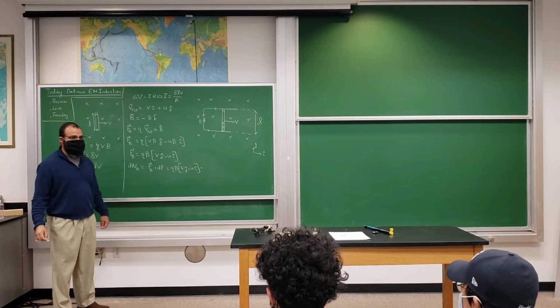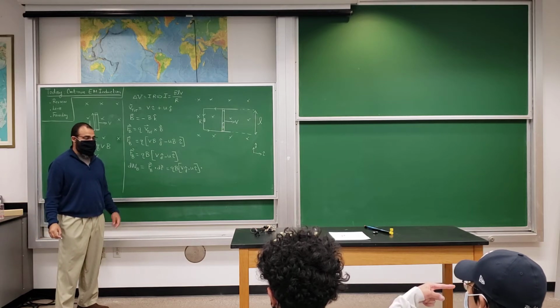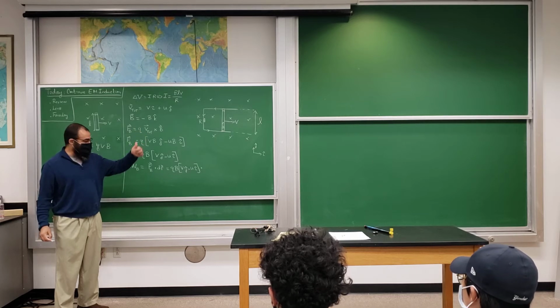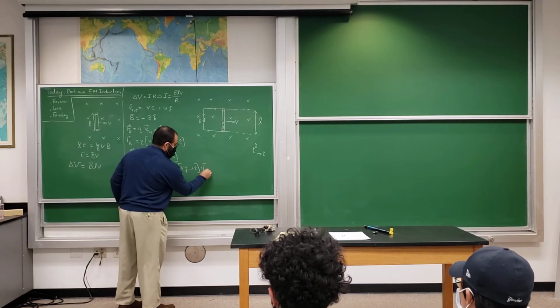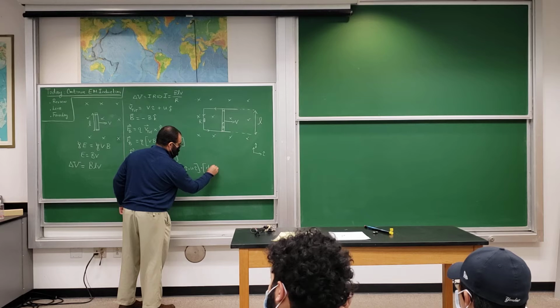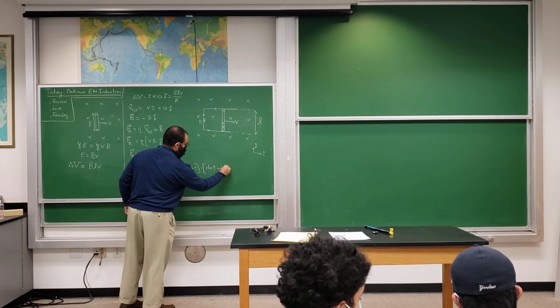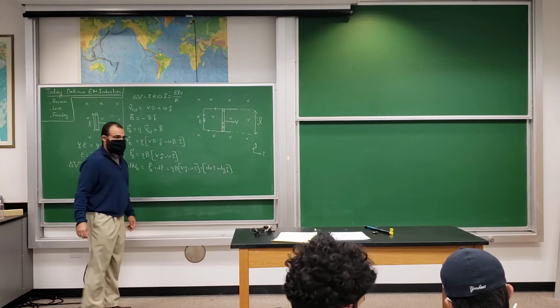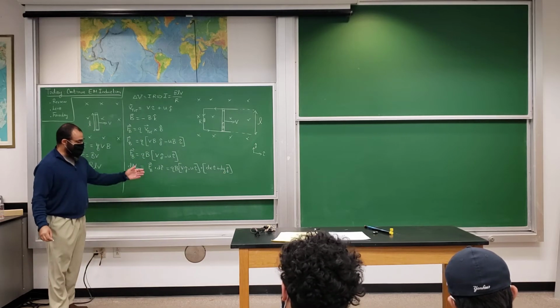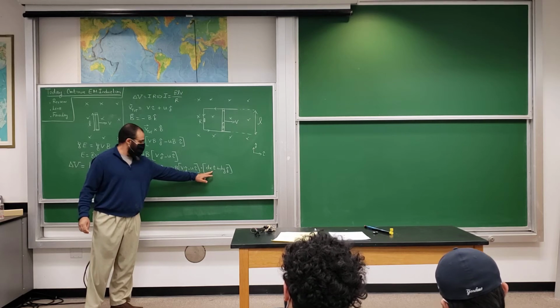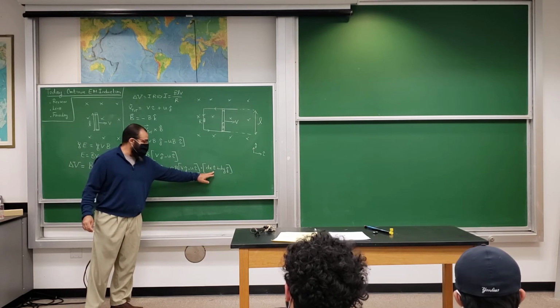In what direction is the displacement of a charge? It's to the right and up. So it's a displacement of an amount dx in the I hat direction plus an amount dy in the J hat direction. Yeah, that's the displacement. Let's take the dot product. J hat dot I hat is 0, I hat dot I hat is 1.